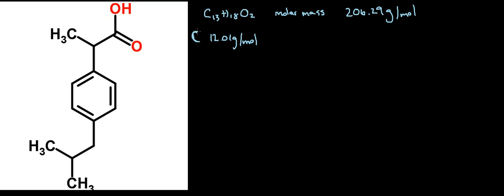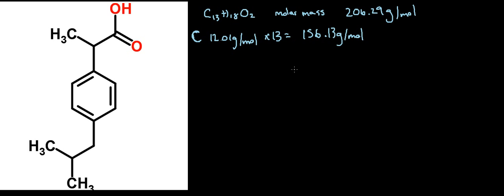Sometimes it's helpful to just leave a little note that this is carbon, because sometimes in large molecules there are lots of different elements and it can be easy to lose track of what I'm working on. 12.01 grams, and there are 13, and this is going to be equal to 156.13 grams per mole.